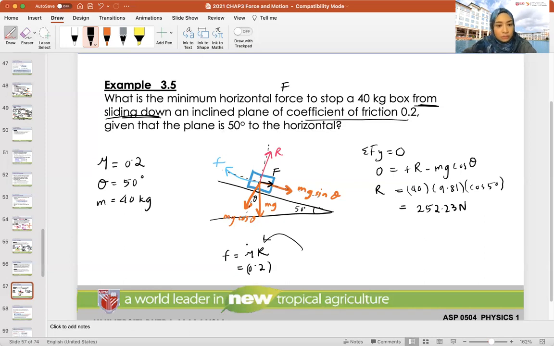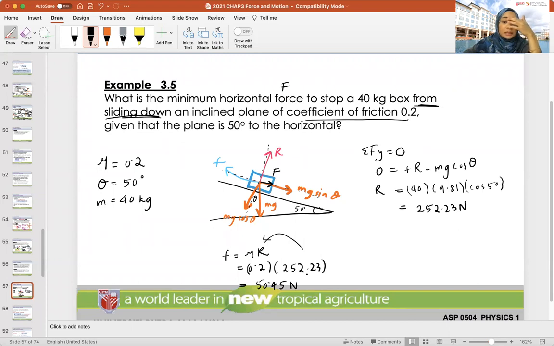F is always mu R, right? 0.2 times 252.23. What would that give me? 50.4. 50.45. Okay, this is Newton.